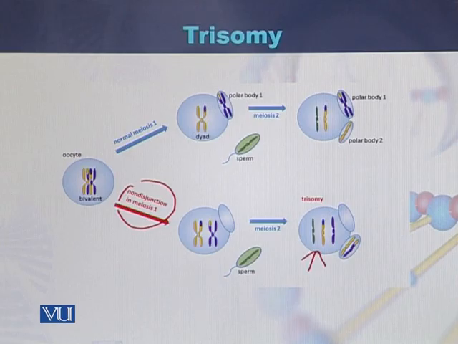Here we can see that there are 3 chromosomes. But if there is normal meiosis, then there will be 2 chromosomes. If there are 2 chromosomes, then it will be a normal cell, while if there are 3 chromosomes of a particular chromosome, then that process is called trisomy.